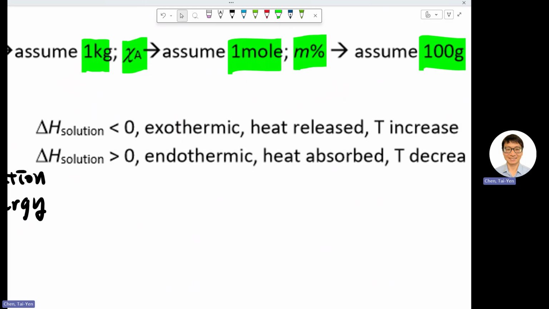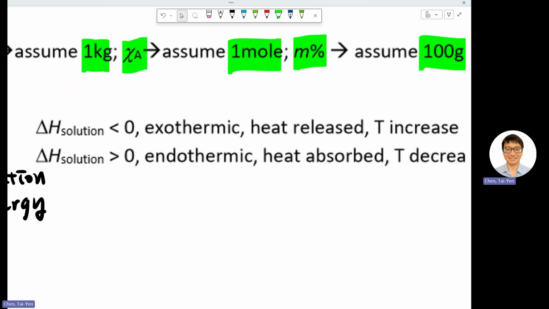So the key is to start to associate the sign of your delta H solution with the term exothermic or endothermic. If it's negative, we call it exothermic. Under exothermic conditions, heat is released from the interacting partners, and the temperature of your solution is going to increase. This is the thing that is going to test you.